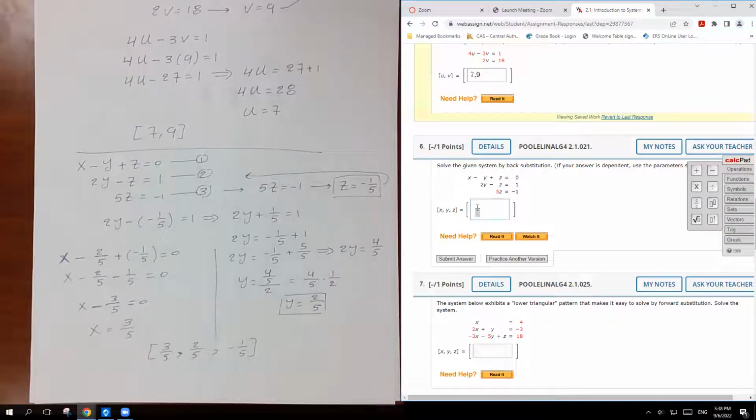There is the division, which is 3 over 5 for the x, 3 over 5, comma. The second one is 2 over 5, so 2 over 5. And the third one is negative 1 over 5. That's it for this example.